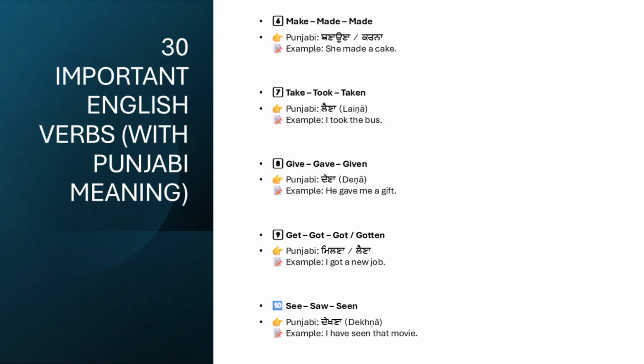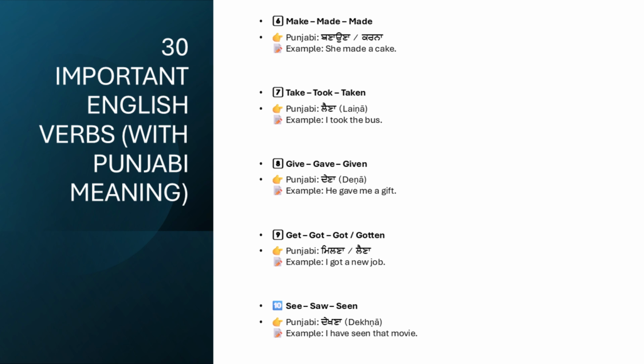And seventh verb is take, which means lena. Take, took, taken. Take is the base form, took is the past form, and taken is the past participle. For example, I took the bus.